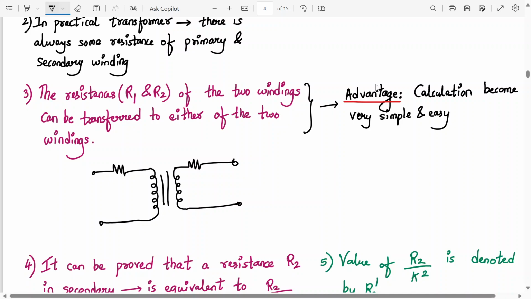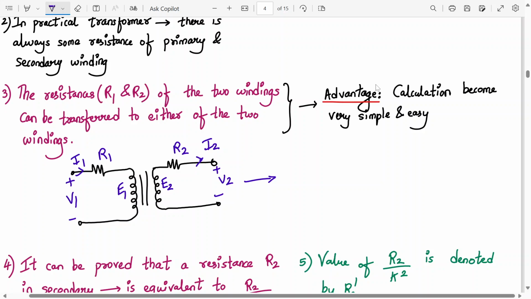Here, let me quickly write this as V1, E1, E2, V2, I2, R2, R1 and I1. What they are saying is the resistances R1 and R2 of the two windings can be transferred to either of the two windings. That means this R2 can be transferred to the primary, or this R1 can be transferred to the secondary winding.